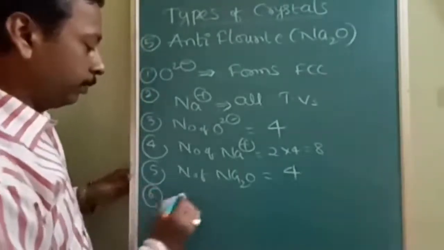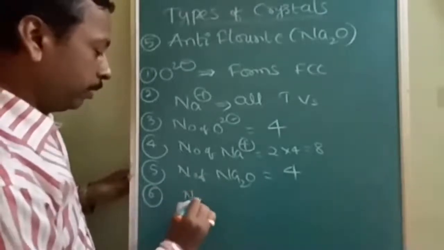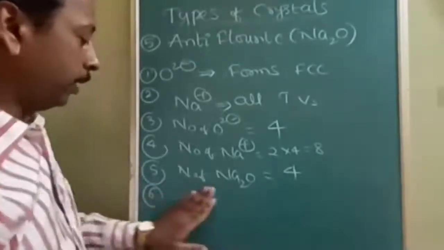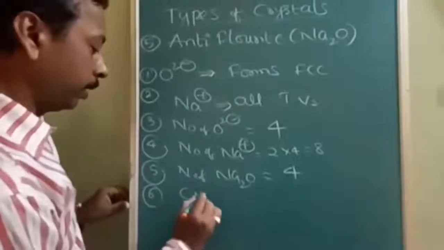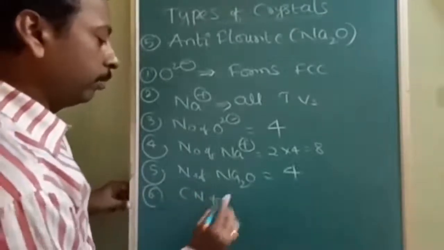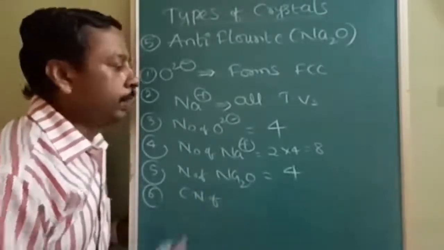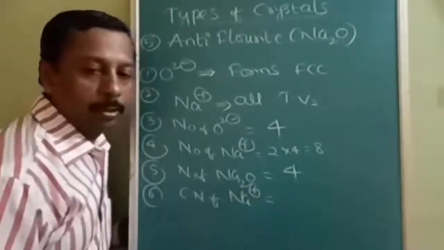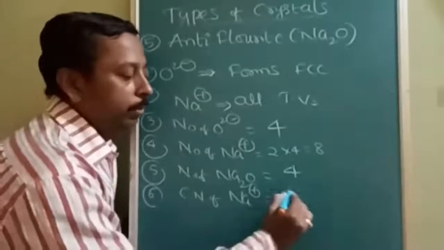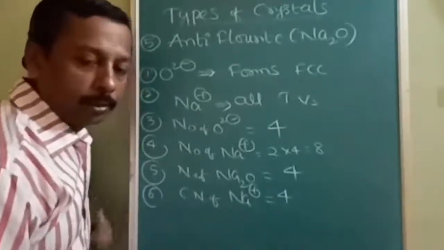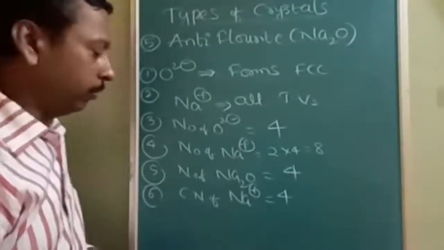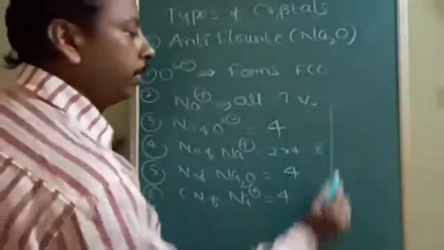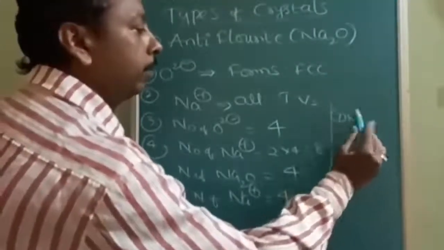Next, sixth point is about coordination number. Which one can we write fast here? Sodium, because it is occupying the voids. So coordination number of sodium plus is 4.